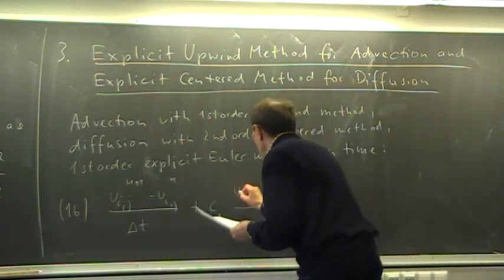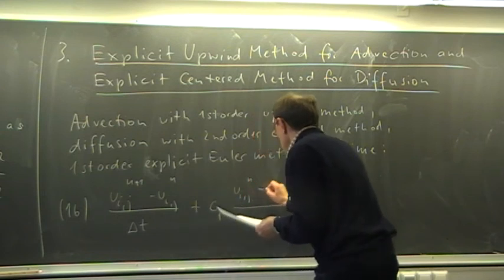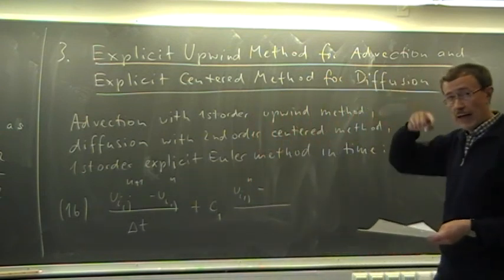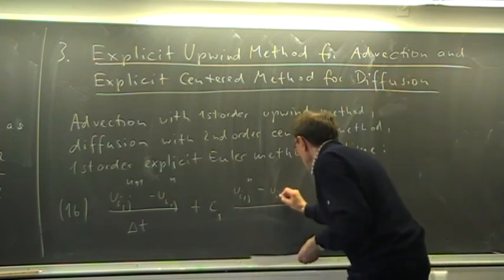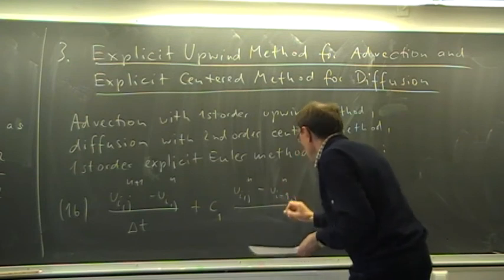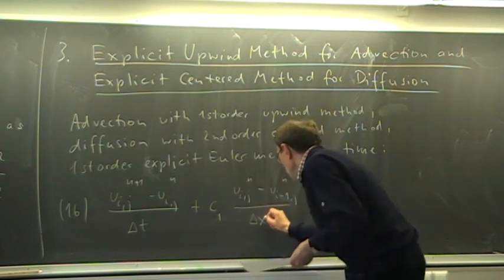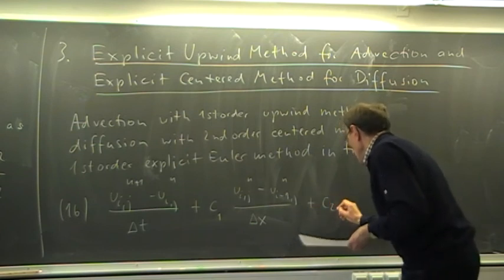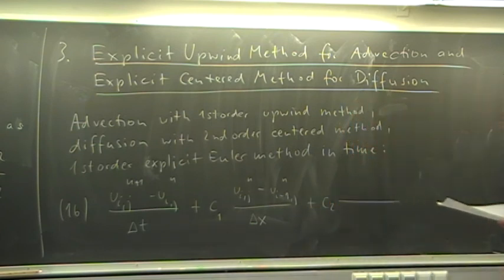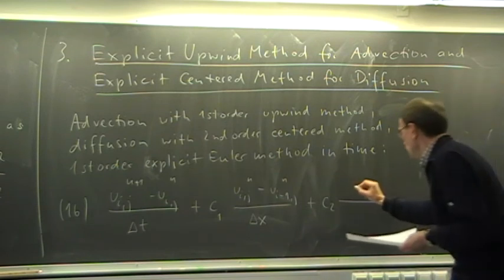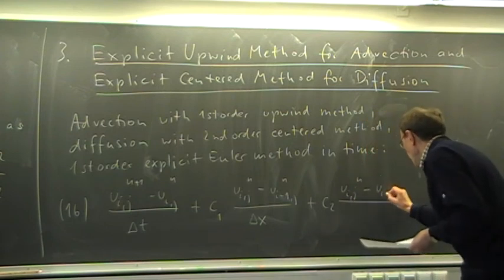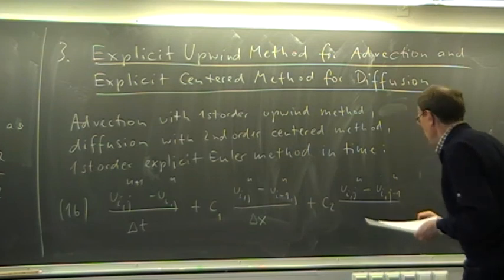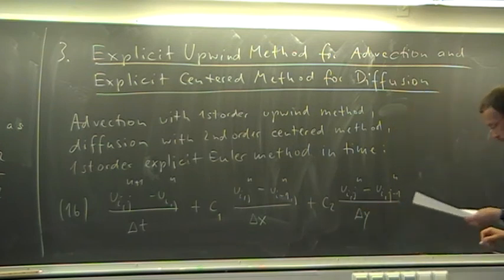Then the upwind direction is in the x direction i minus 1, j, everything at the old time level, divided by delta x. Then for C2, the advection velocity component in y direction, we assume also that that is positive. Then the upwind direction is the u i, j minus 1. That is divided by delta y.